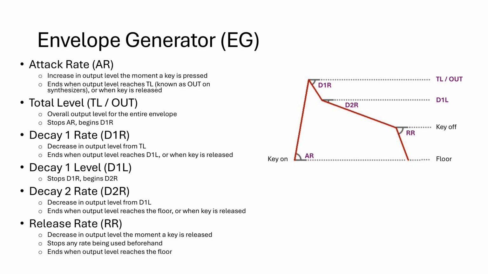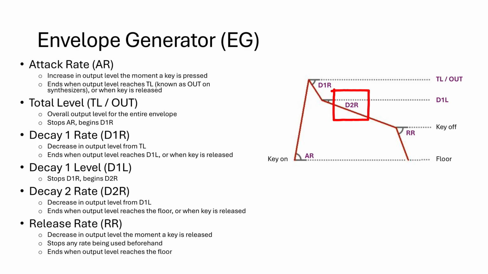The envelope generator, as I mentioned, controls the output level. So again, you have that attack rate on the left, and then the next line down from the top is what they call the decay 1 rate, D1R, and then you have your D2R, decay 2 rate.